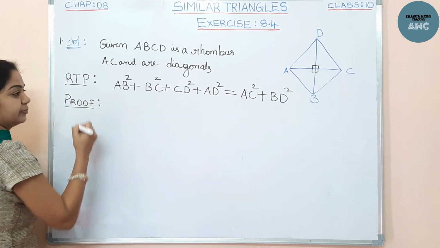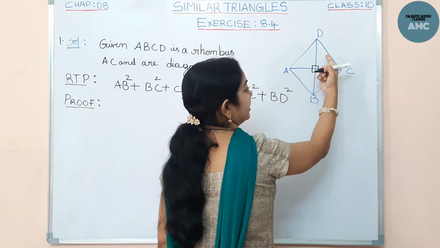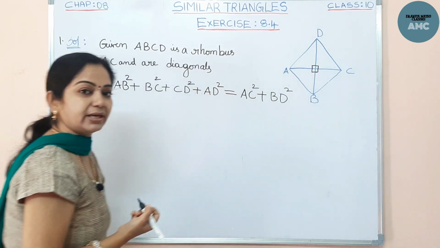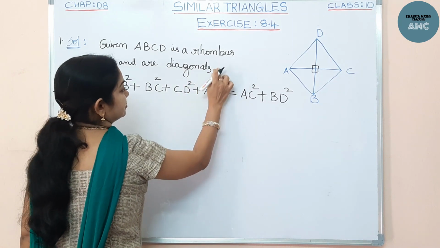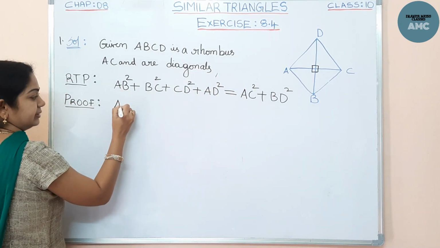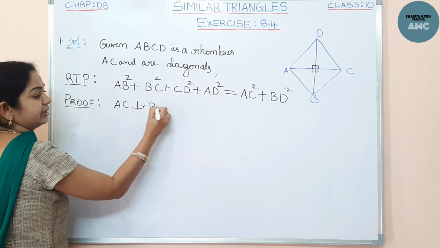In the proof, we are saying that these 2 are perpendicular bisectors. So AC is perpendicular to BD.